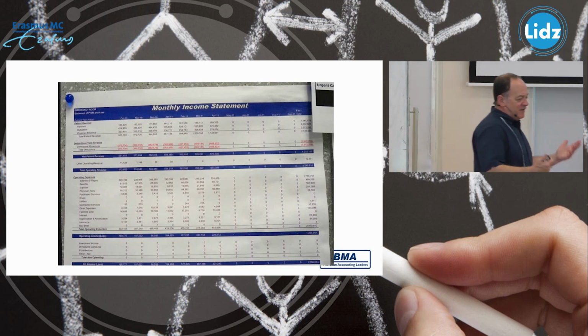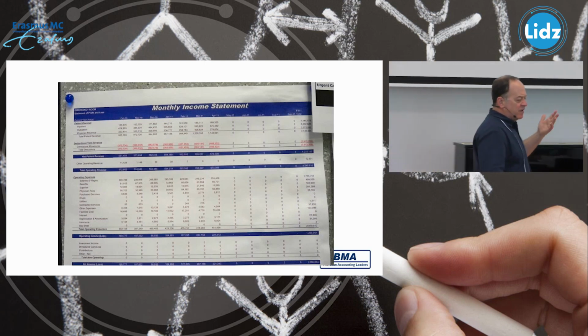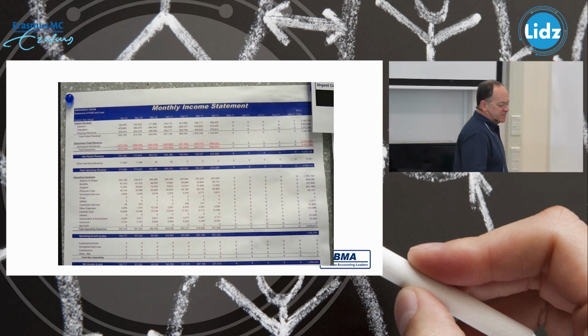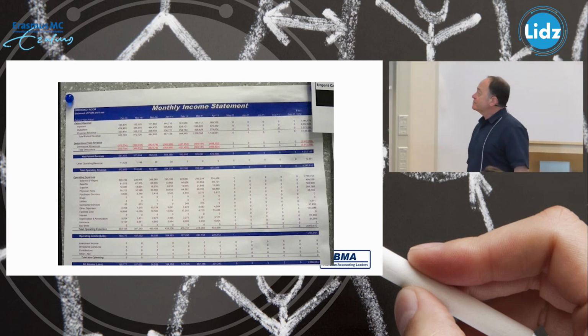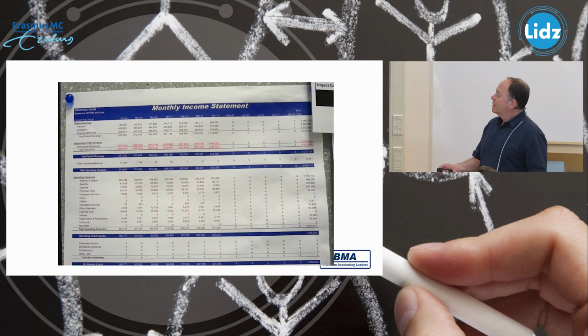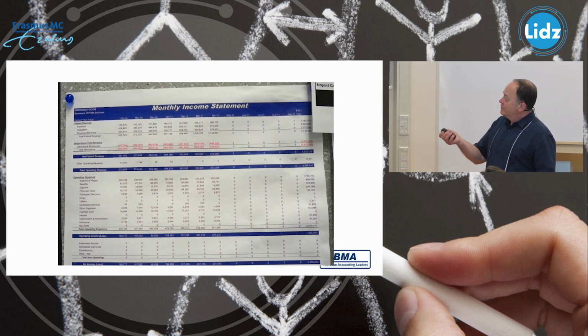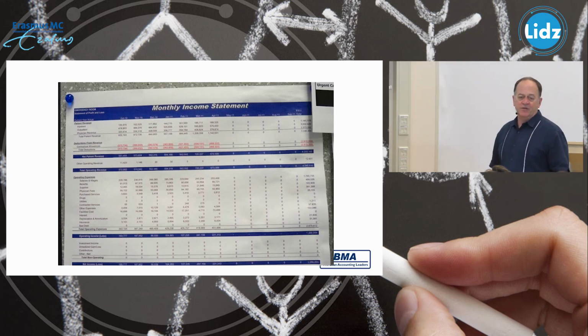You can put as much detail on it as you want in terms of expenses. Here, this company just did total operating expenses, but you could have direct expenses and direct costs and shared costs. Again, format's up to you.